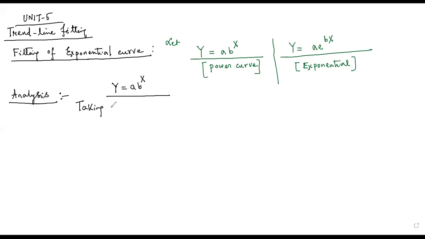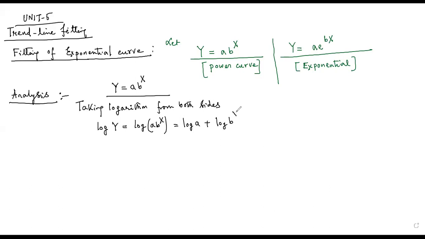So in this type of cases, we take logarithm from both sides, and after this we get log y, log of a b to the power x, which is equal to log of a plus log of b to the power x, and that is equal to log a plus x log of b.